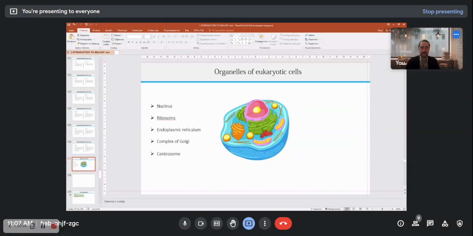You created a protein with the help of a ribosome, but this protein is not yet ready to perform its functions because this protein did not have the necessary three-dimensional organization. And the endoplasmic reticulum is the place where a freshly synthesized protein will acquire the three-dimensional organization that will be necessary for its further functional activity.